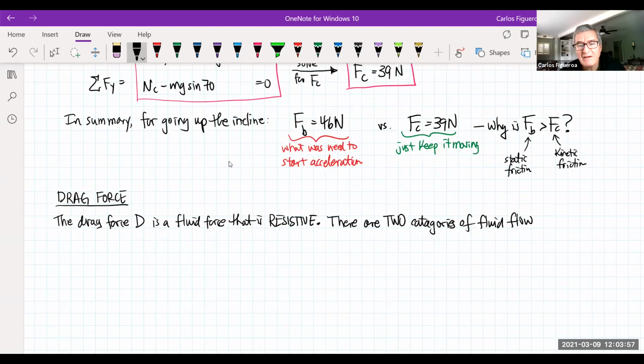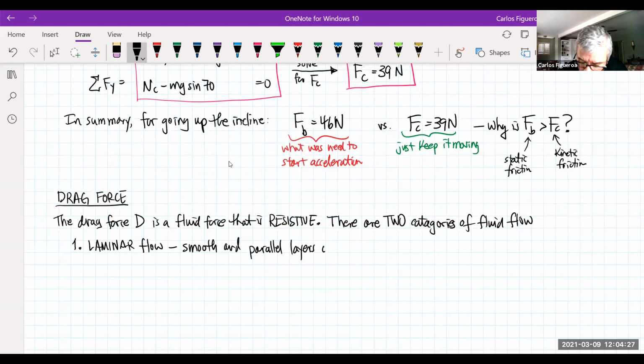They both have different components of both. So the first one is known as laminar flow, and this typically is more smooth, with parallel layers on top of each other.